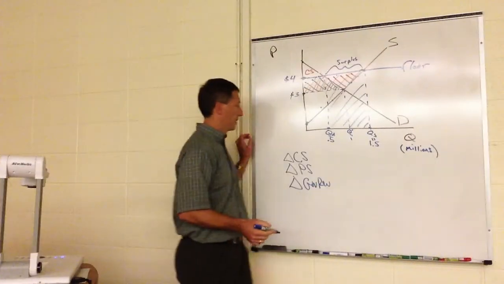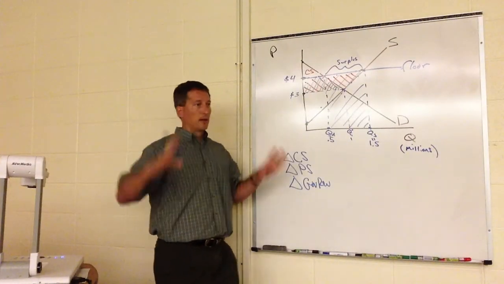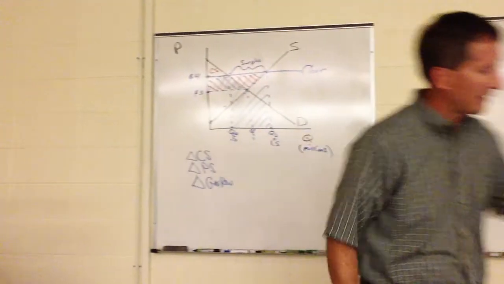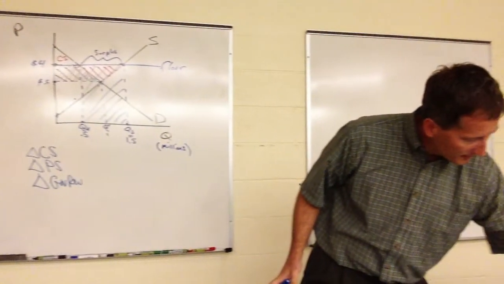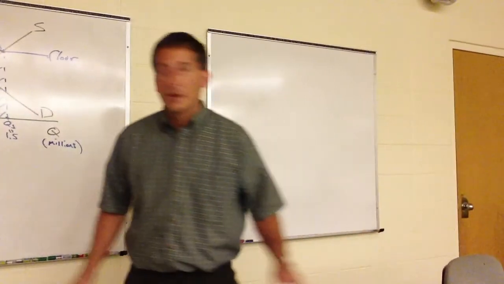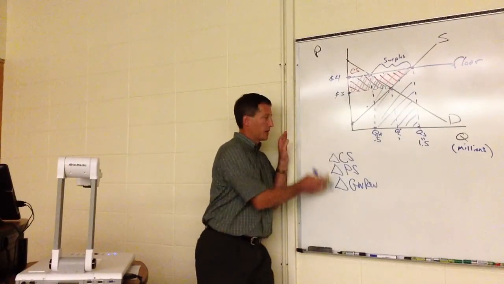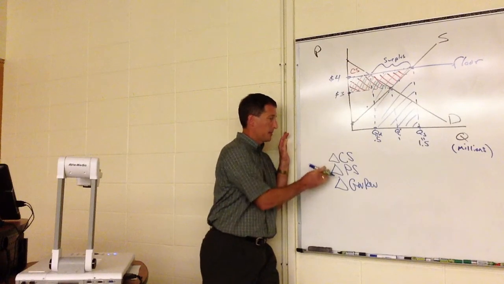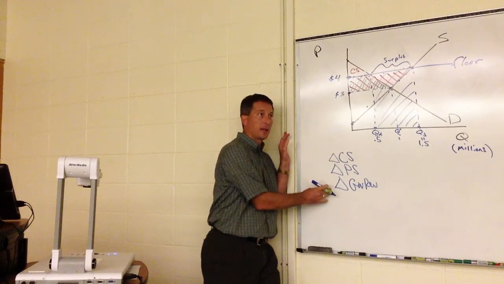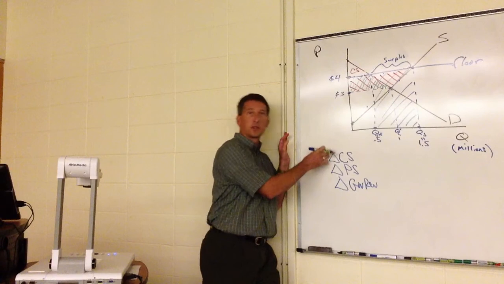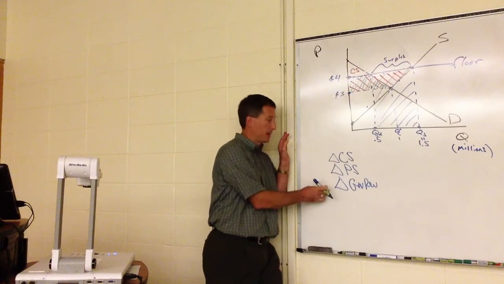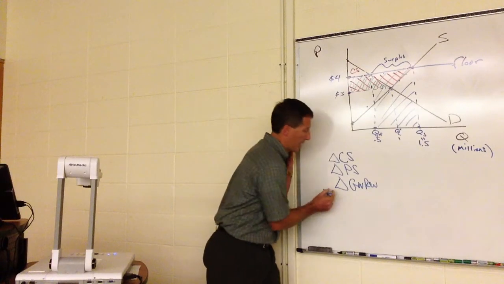So back to our circular flow diagram, this captures all the agents in the economy, right? So what's happening to consumers, what's happening to producers, what's happening to government, and then we add them up.